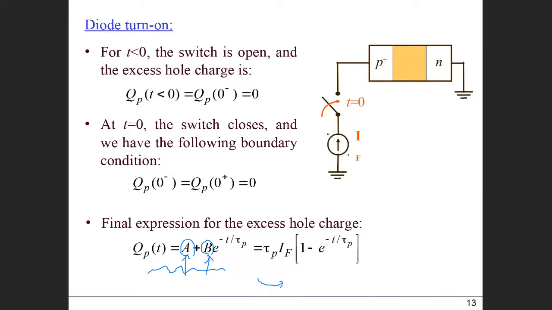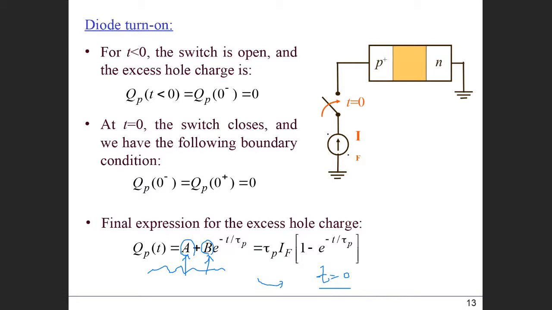One boundary condition is at t equals 0, the beginning when the switch is turned on. Before t equals 0 the diode was open circuit, at thermal equilibrium.